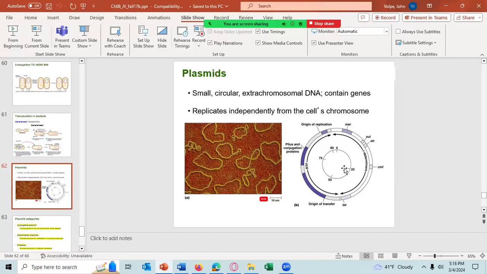The chromosome can have tens to hundreds of thousands of genes on it, and the plasmids only have a few genes on them. Something like 7 genes on this plasmid. Not very many when you consider a chromosome has tens to hundreds of thousands of genes.